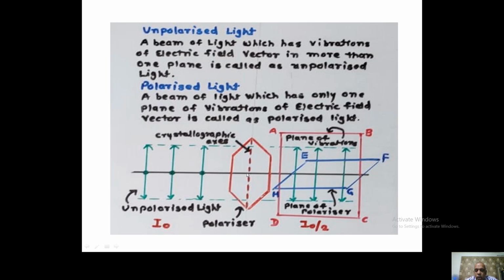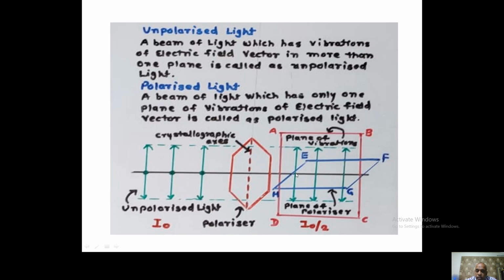They are filtered, stopped or absorbed by the polarizer, and only the vibrations of the electric field parallel to the crystallographic axis pass through. Such light is called polarized light.